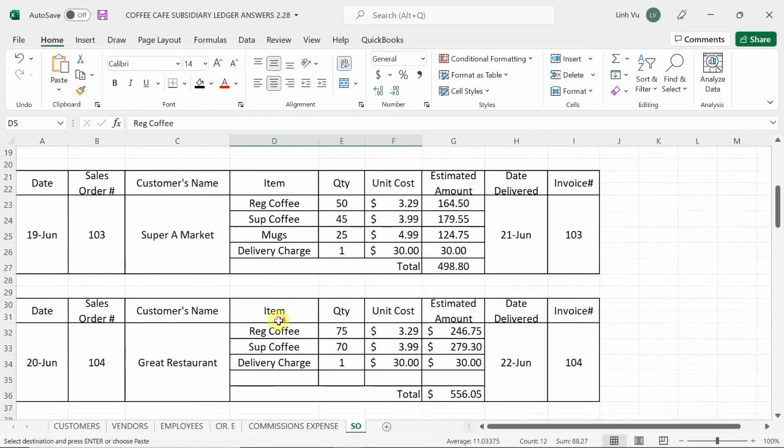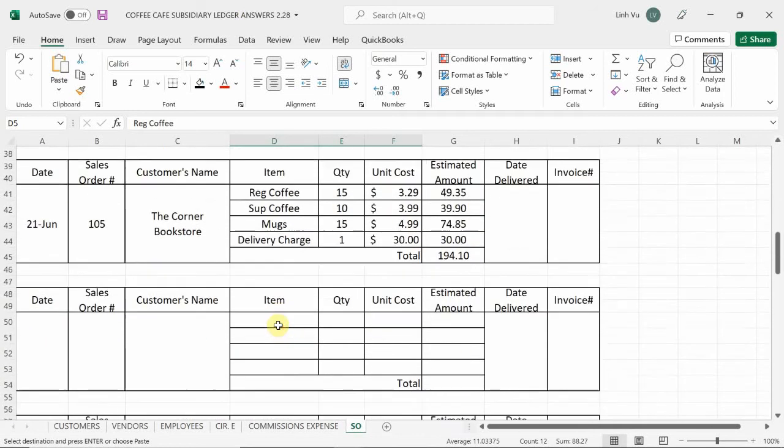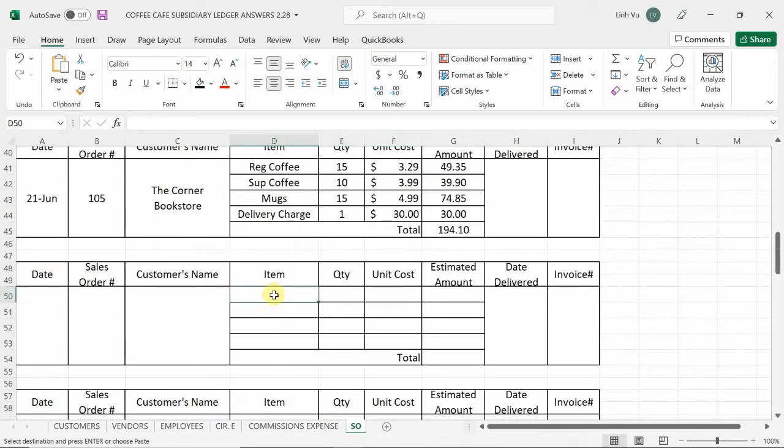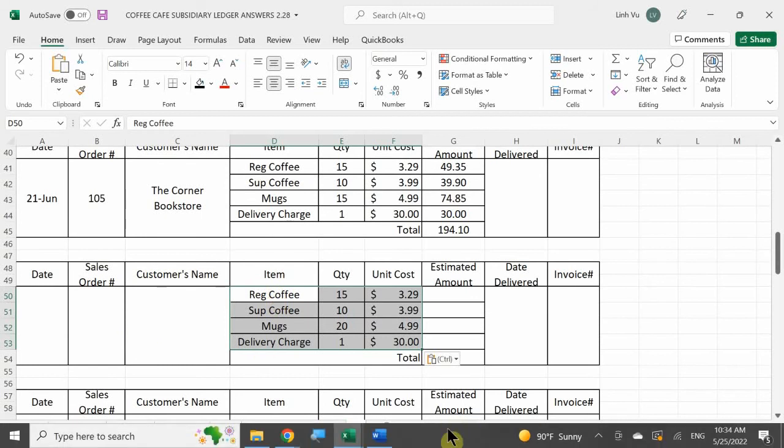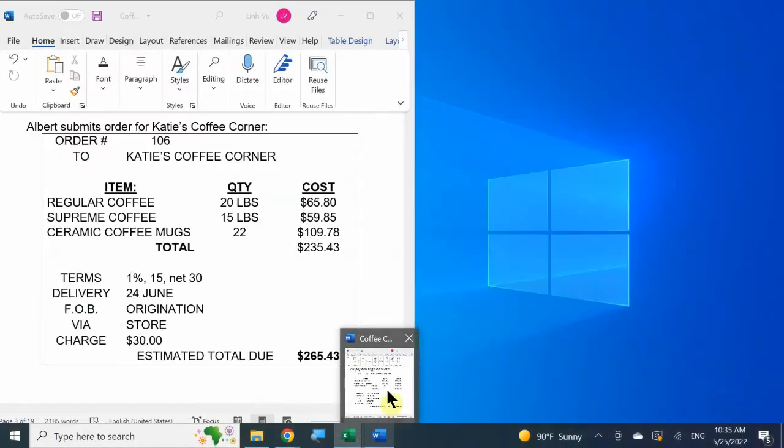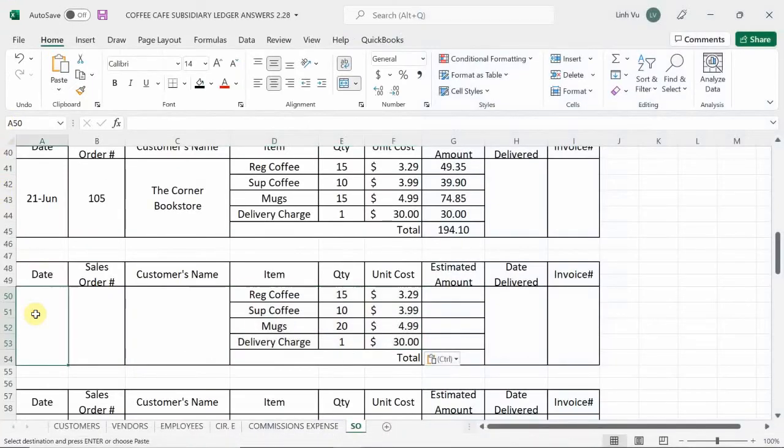This is sales order number 106. Date is the 22nd, customer Katie.